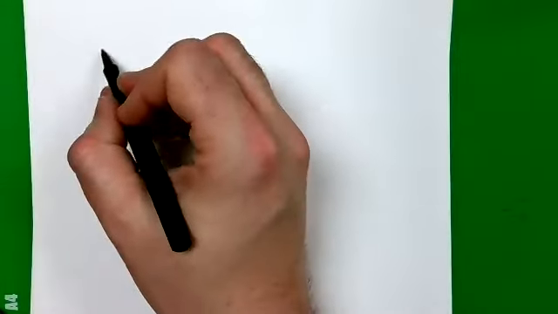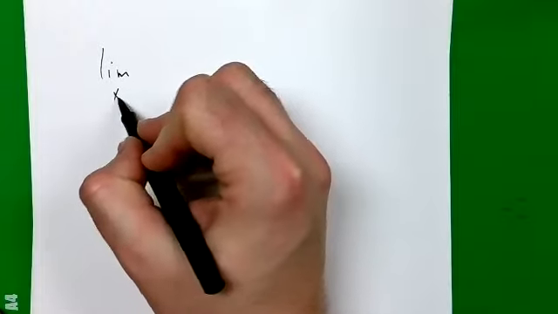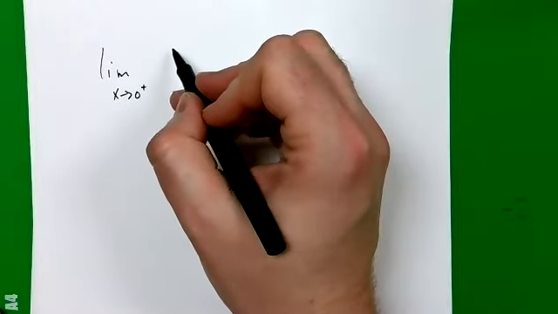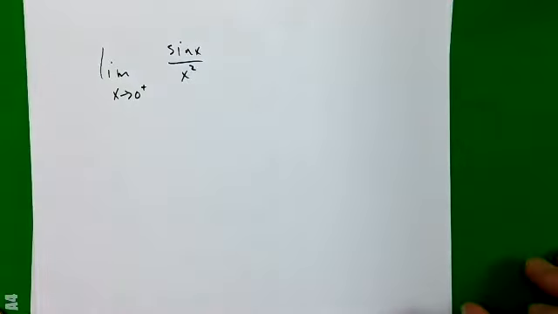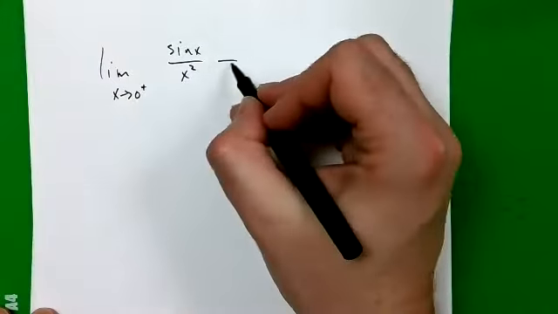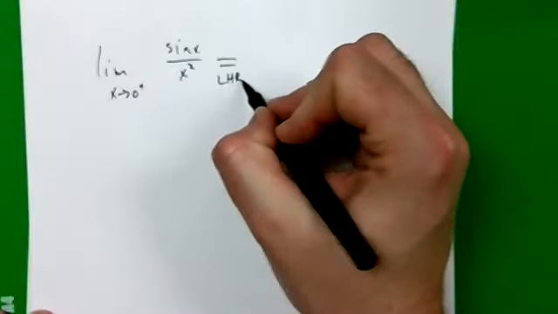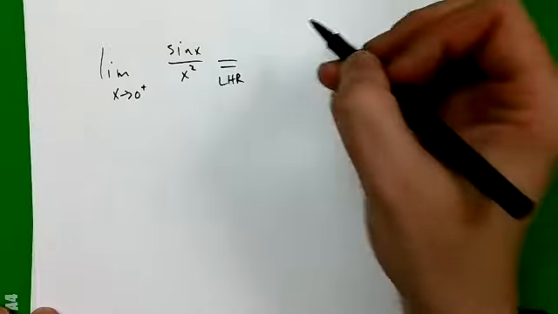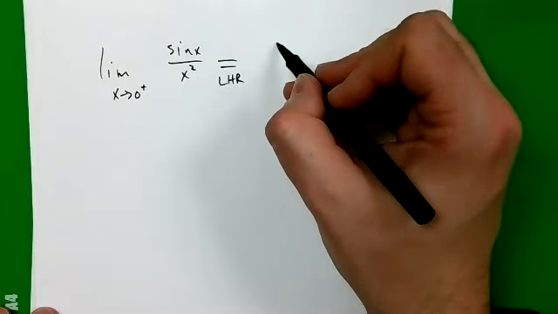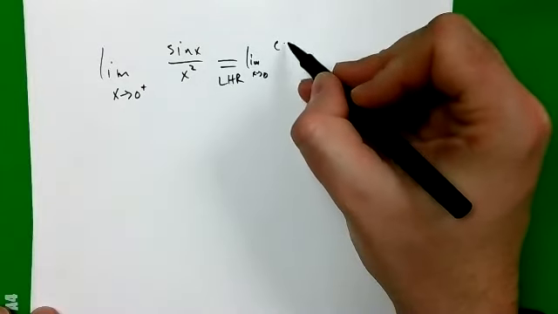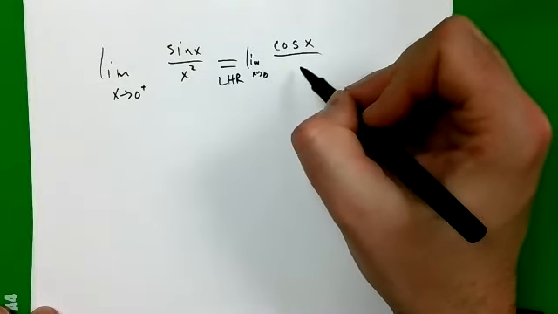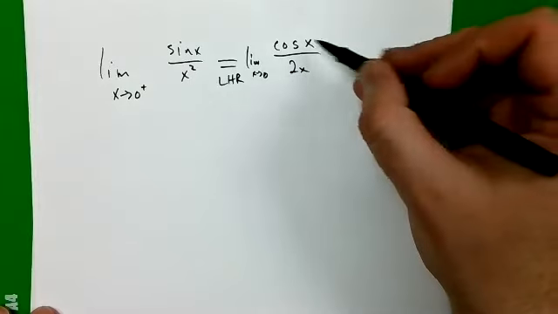How about a couple of one-sided limits here? So let's take the limit as x approaches 0 from the right of sine x over x squared. Definitely a 0 over 0 indeterminate form, so we can use L'Hopital's rule. L'Hopital's rule tells us that's going to be the limit as x goes to 0 of cosine x over 2x.